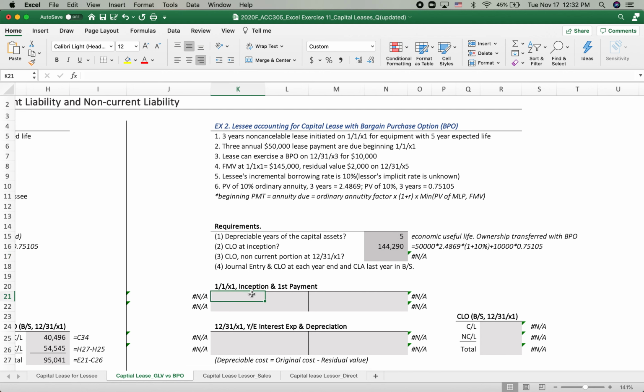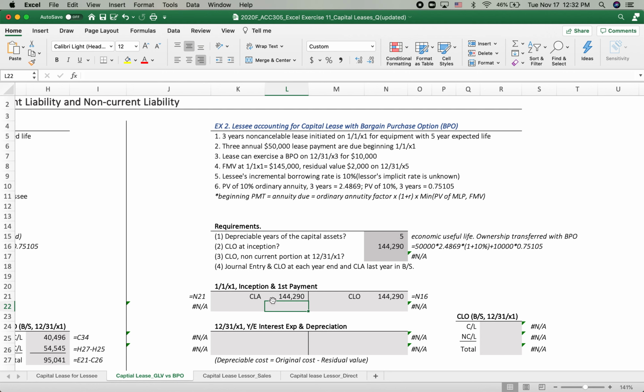So let's start the journal entry. At inception, the capital lease asset and capital lease obligation. The capital lease obligation is now 144, which is lower than the fair value of 145. And then the capital lease asset at inception is the same.